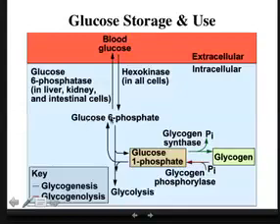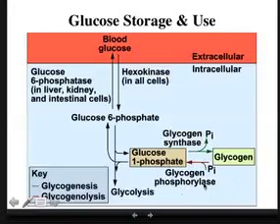This traps the glucose inside the cell, and from there it can either enter glycolysis and from there eventually the Krebs cycle, or it can be isomerized into glucose 1-phosphate, and from there the enzyme glycogen synthase can be used to generate glycogen, which is a glucose polymer from monomers of glucose 1-phosphate.